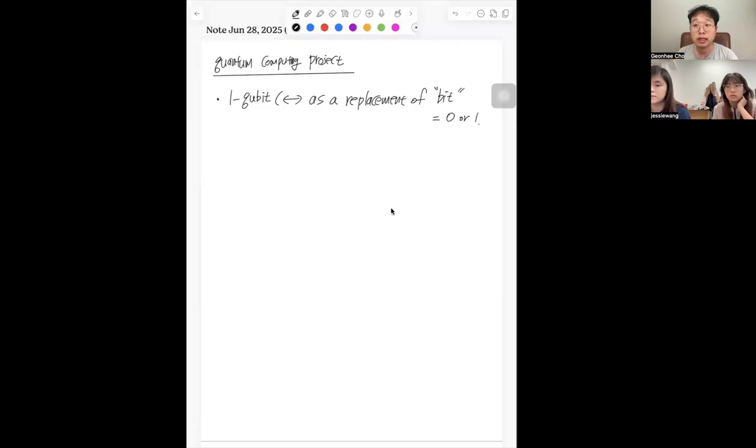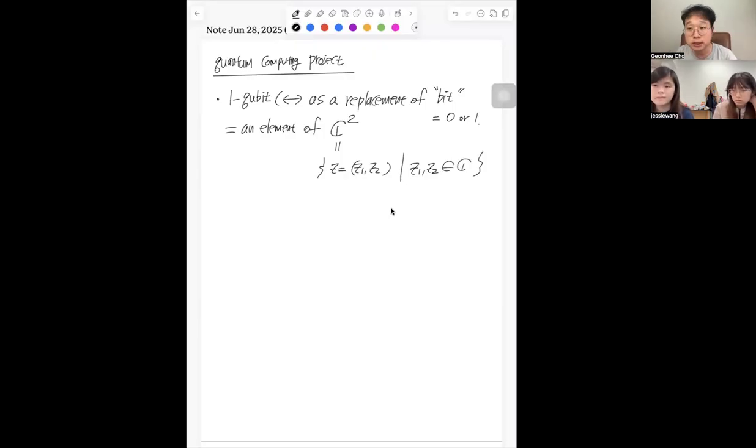So that in order to allow the probabilistic interpretation, we will regard this as an element of so-called C2. This notation looks quite fancy, but let me write this as z consisting of z1, comma z2. And each of z1, z2 is nothing but a complex number. But from the quantum mechanics point of view, this is just the axiom.